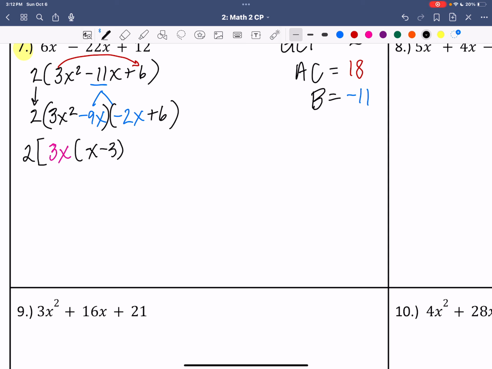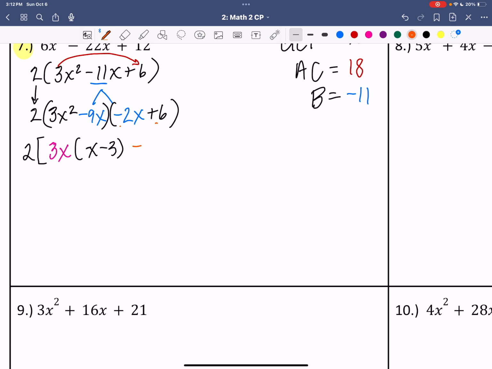All right, now from here, we're going to look at -2x and 6. So I'm factoring out a -2. And then what's left over is x minus 3. And then I think we got everything there.